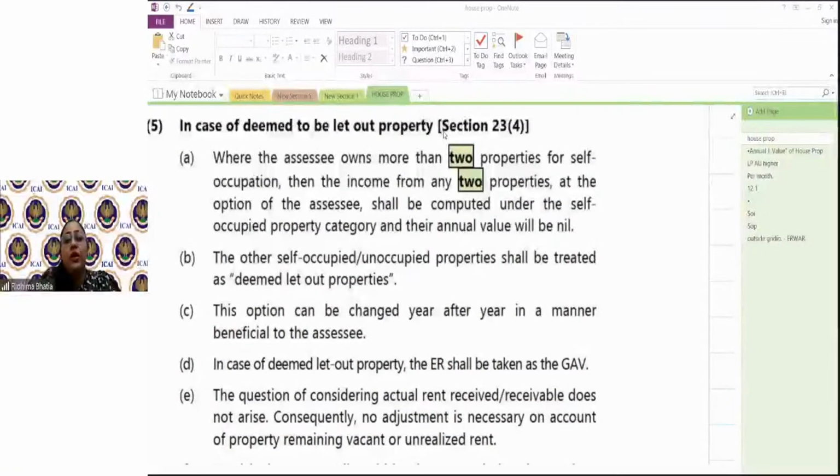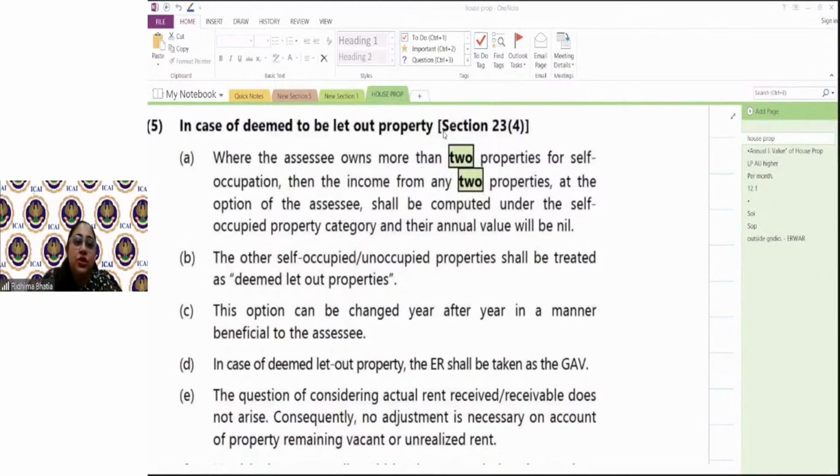For self-occupied property, you only get the deduction of interest, no other municipal taxes, no standard deduction, because gross annual value is nil. Interest deduction is first calculated in the same manner, accrued during the year plus pre-construction period installment, and you have to restrict it to 2 lakhs in case the loan is taken for construction. In case the loan is taken for acquisition, the same method will go. If the loan is taken for repair, the limit is 30,000.